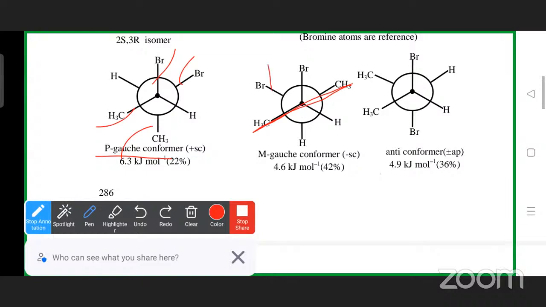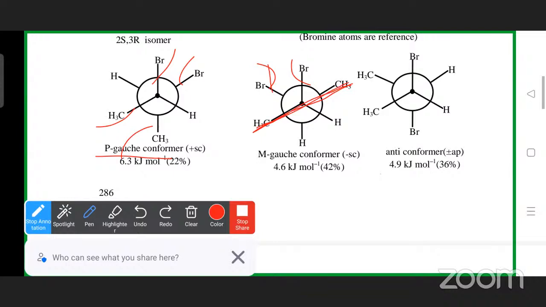And here the bromine gauche interactions are there. So only one factor is affecting this conformation, where the methyl interaction is neglected.